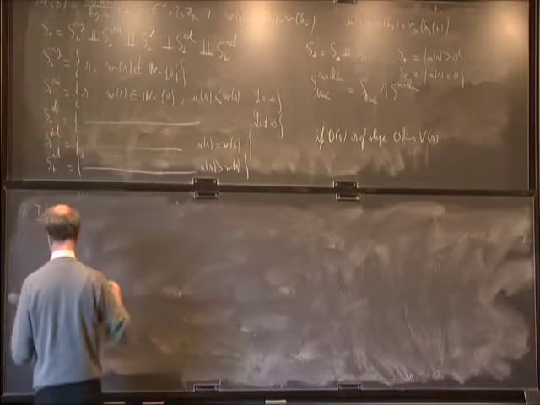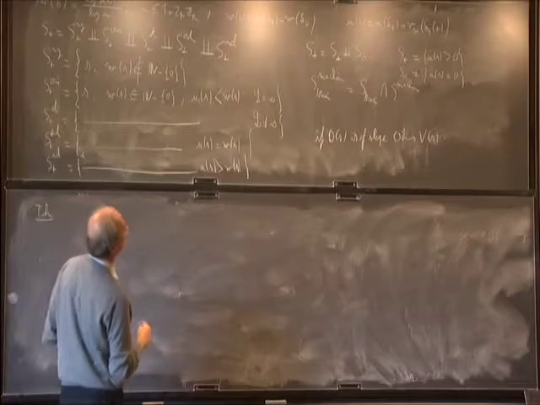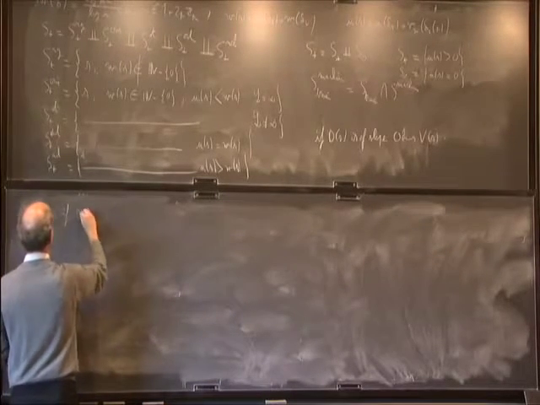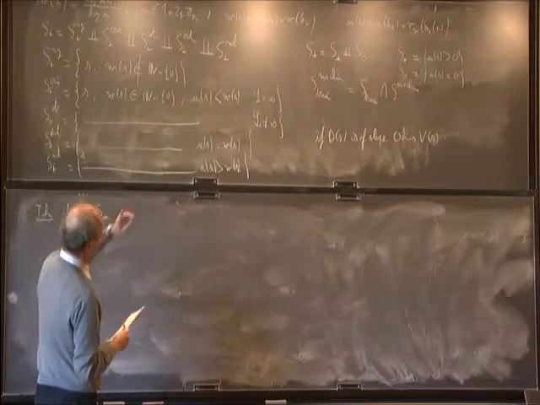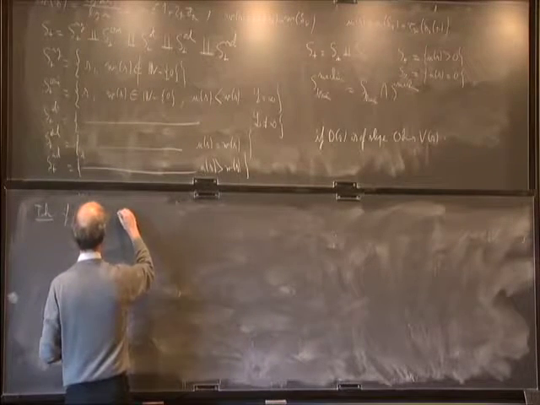So the first thing is that if S is in S star, then D of S is of slope 0, except in the non-classical case.